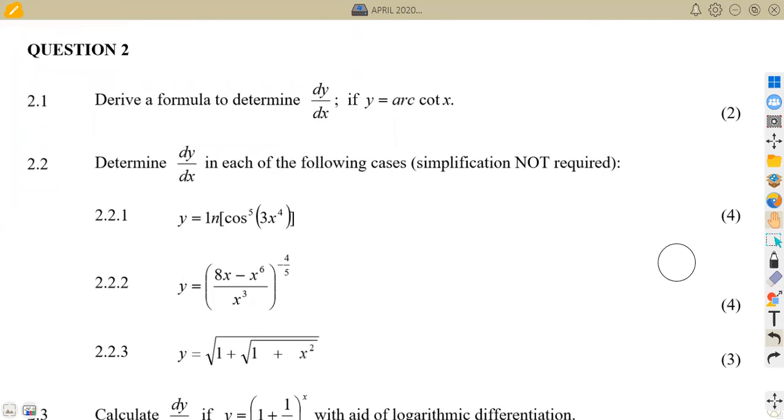So the first part, 2.1, we are asked to derive a formula to determine dy/dx if y is equivalent to arc cot x. So how are you going to find the derivative, or the formula for the derivative, of such a function?